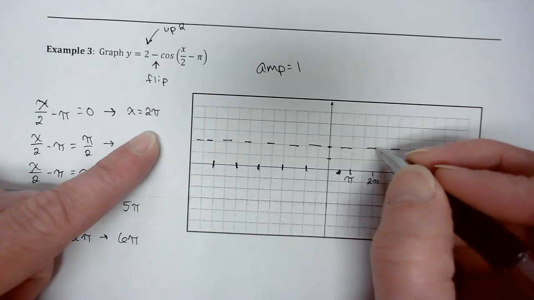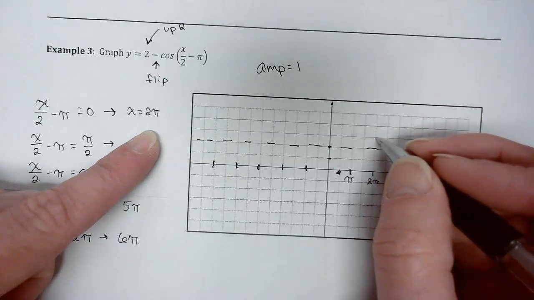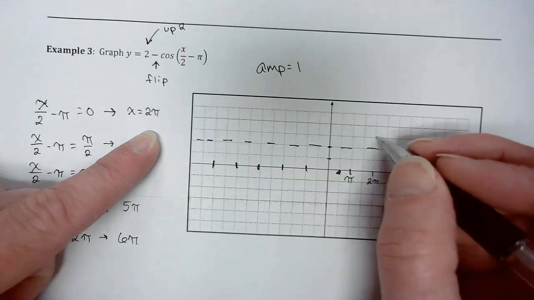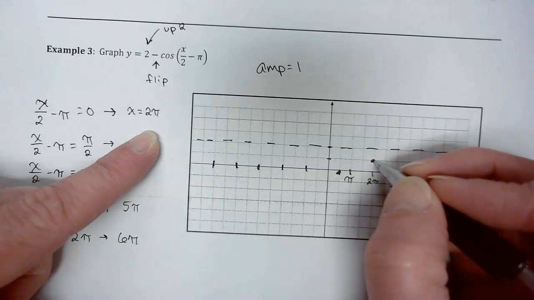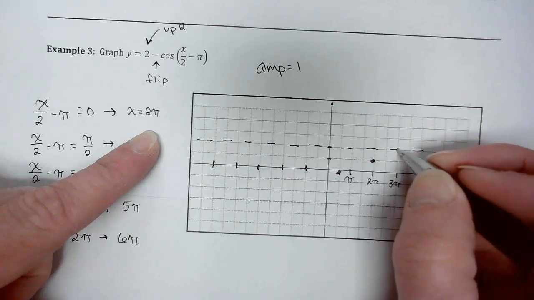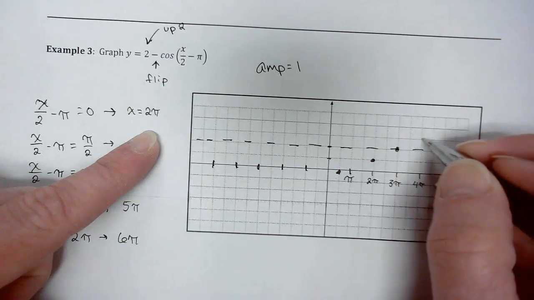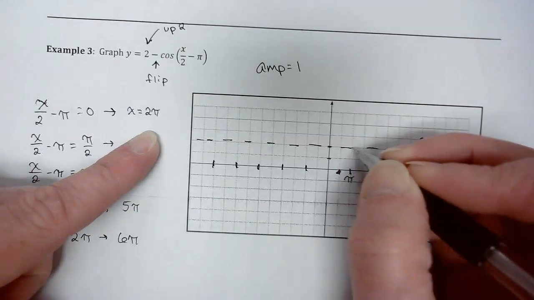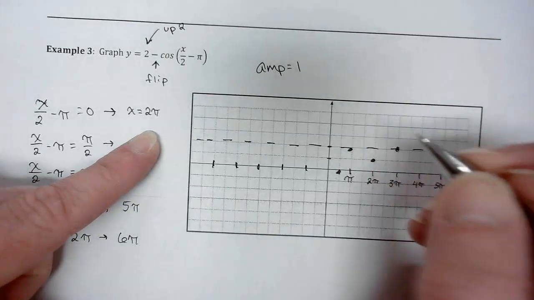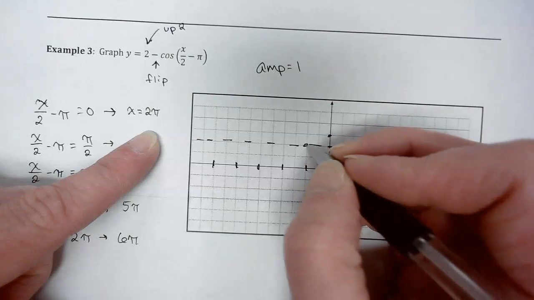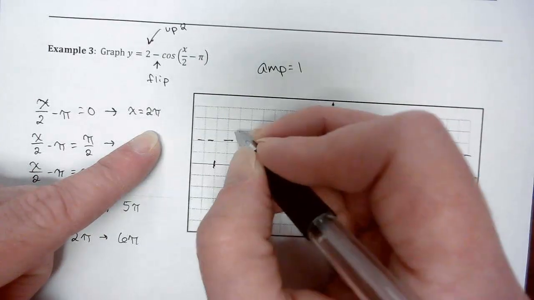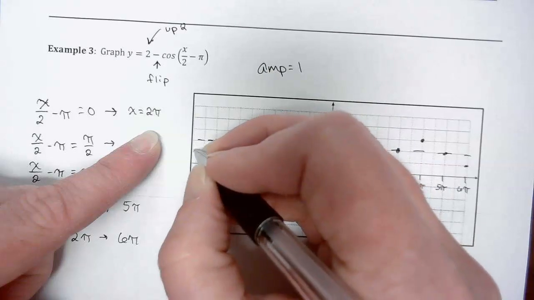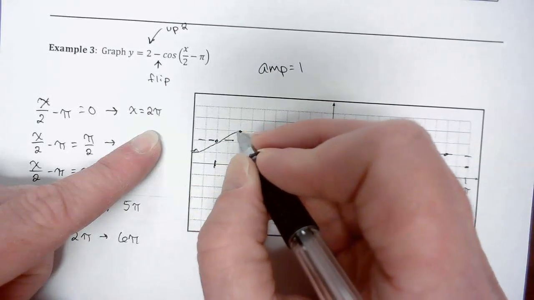So normally, cosine would start at a maximum. But because it's flipped, it's going to start at a minimum. Then it's going to go back to the center line, then up, then back to the center line and down. And then we're going to reverse it, and we get a wave.